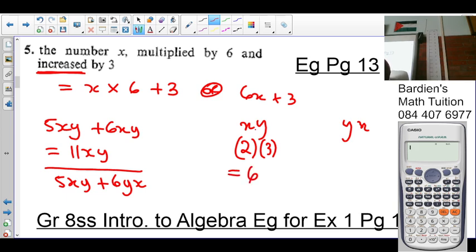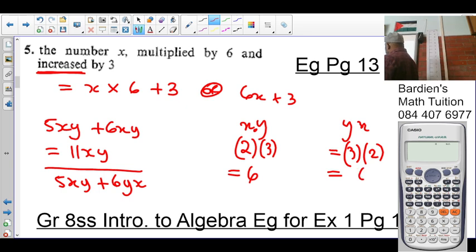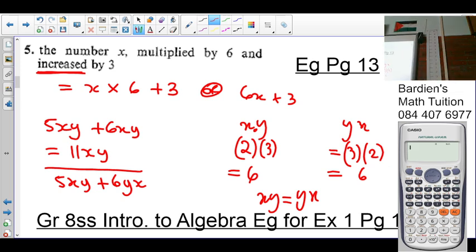Between x and y is multiplication. And then this would be 3 times 2. What's 3 times 2? 6. So in other words, xy is the same as yx. So that means 5xy plus 6yx will be 11xy. So they are like terms. Make sense?